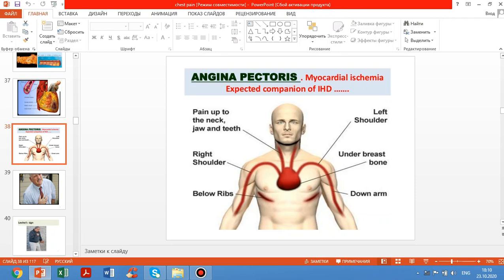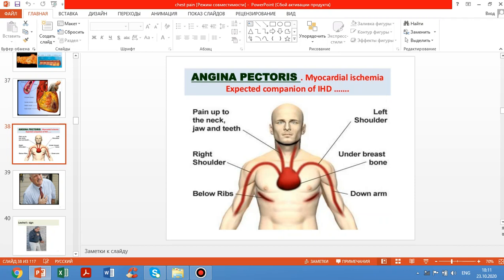In this slide you can see places of pain during ischemic chest pain. This is myocardial ischemia, the expected companion of ischemic heart disease. Pain up to the neck, jaw, and cheeks.